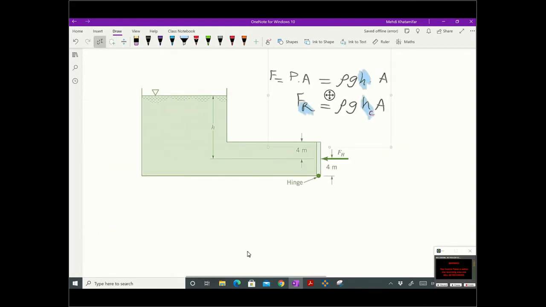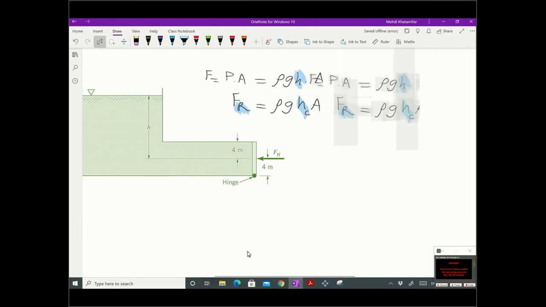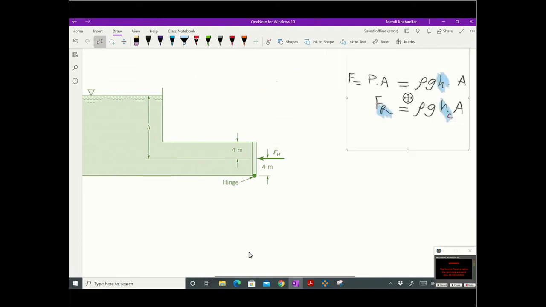If I want to show the XY axis, which we usually do, my x-axis is going to be perpendicular to the surface, my y-axis is going to be this. So anything in terms of y is going to be in terms of h because they overlap each other.